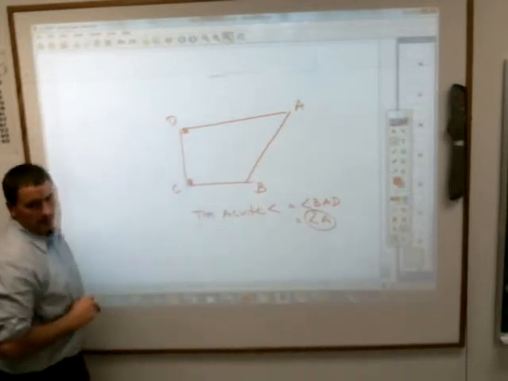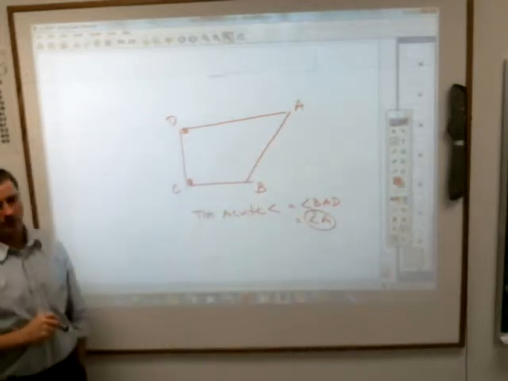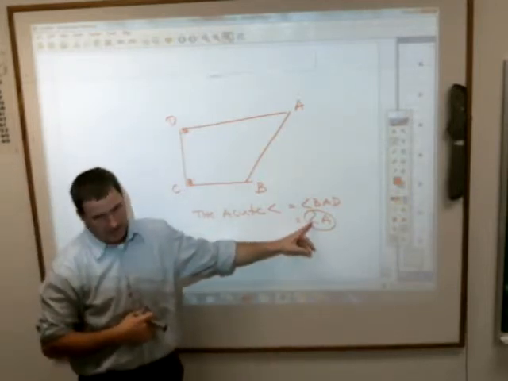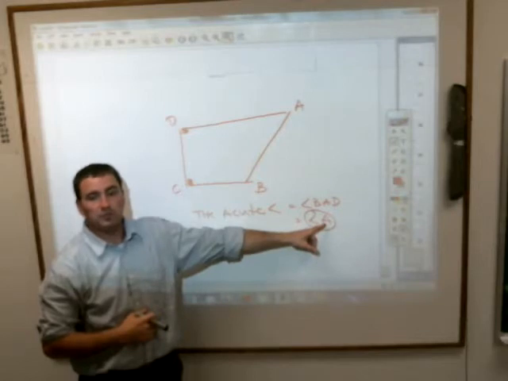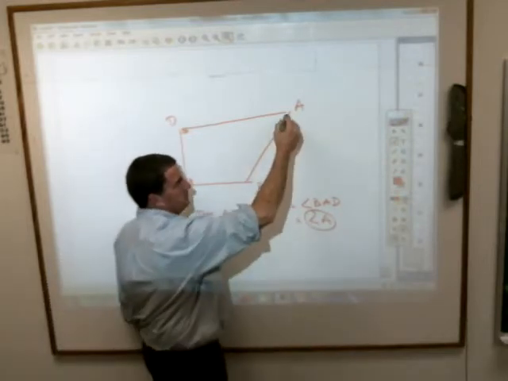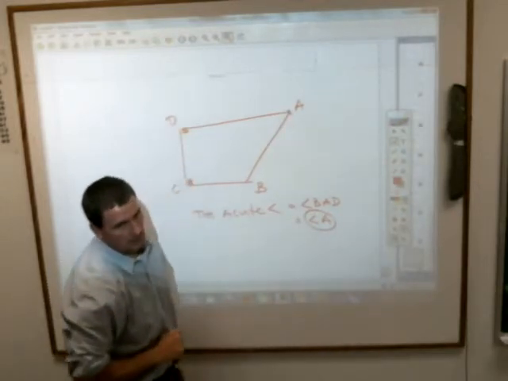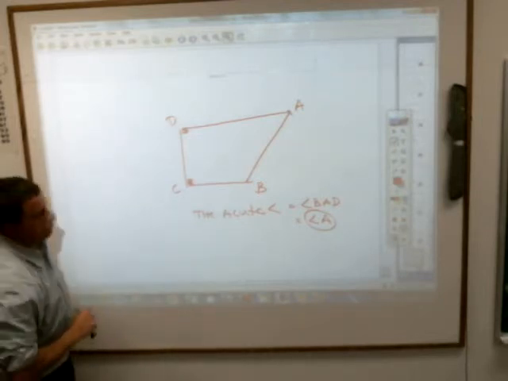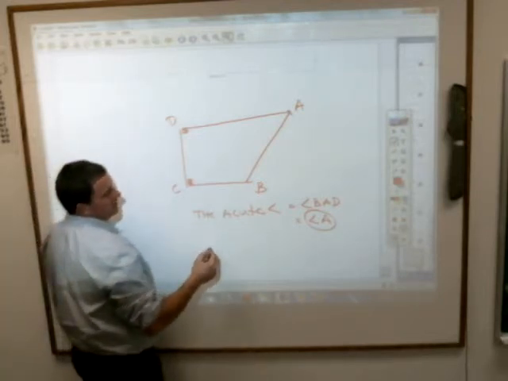Do you have to put that little symbol? You must put the angle symbol in front of it, yes. You have to put this there because that tells me you're talking about angle A. Otherwise, I'm assuming you're talking about point A, which would just be this. Okay? All right. If I asked you, what angles are right?